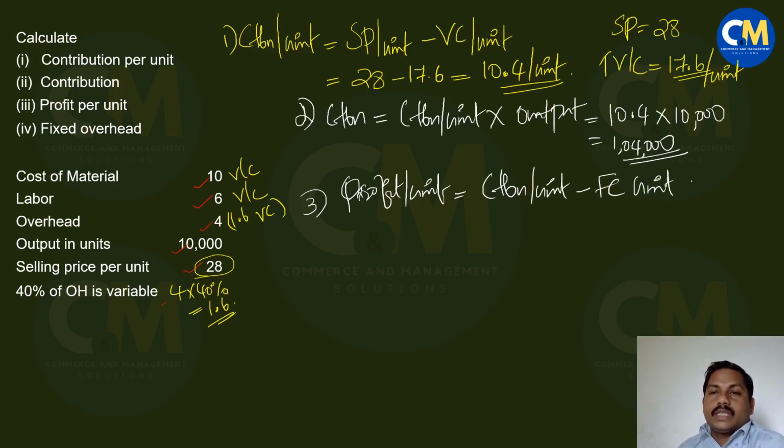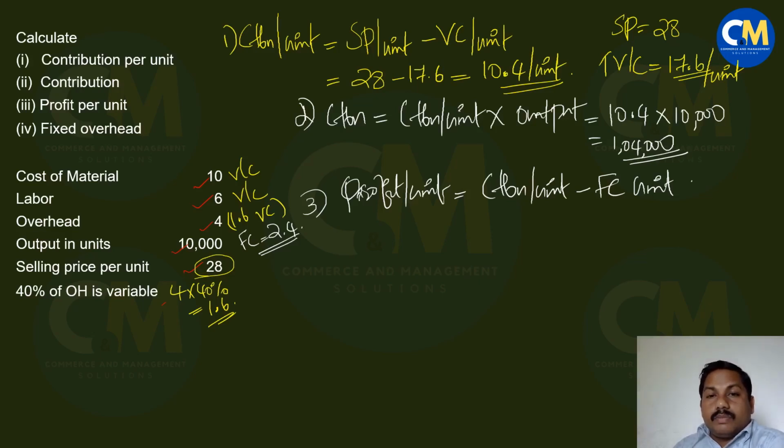Fixed cost per unit we have calculated here. Actually, out of 4 rupees overhead, 1.6 is variable cost. So the remaining, that is fixed cost, will be 2.4.